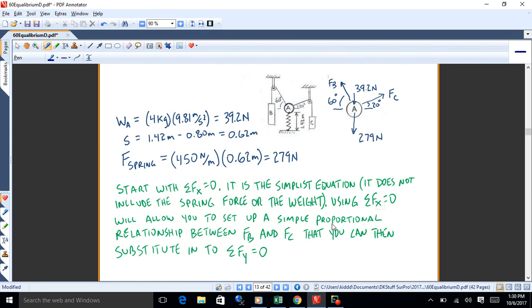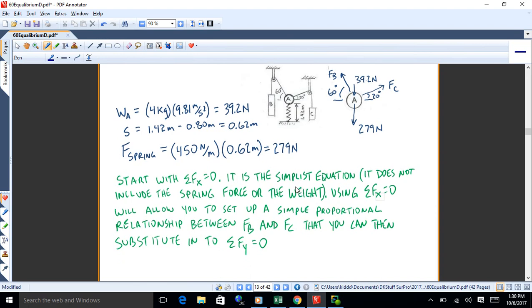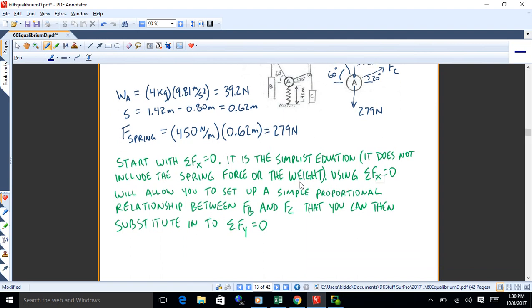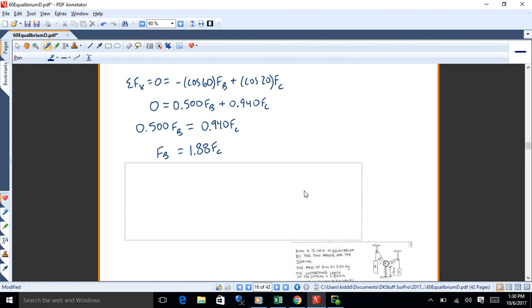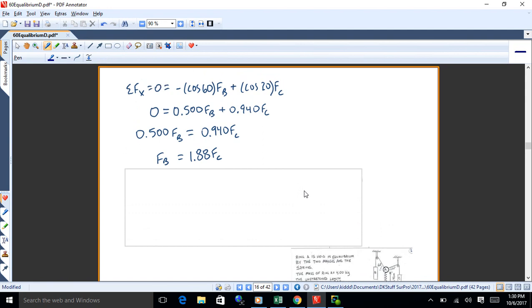It gets me a nice simple little relationship I can substitute into the next equation, okay? That's my reasoning. So I'm just going to write up sum of Fx equals 0, and then walk through it and relate Fb to Fc. That's how I'll approach that.